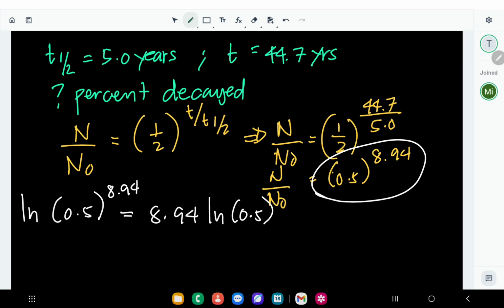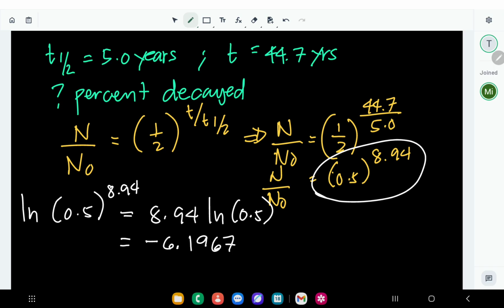Let's calculate this. ln of 0.5 times 8.94, so this is negative 6.1967.